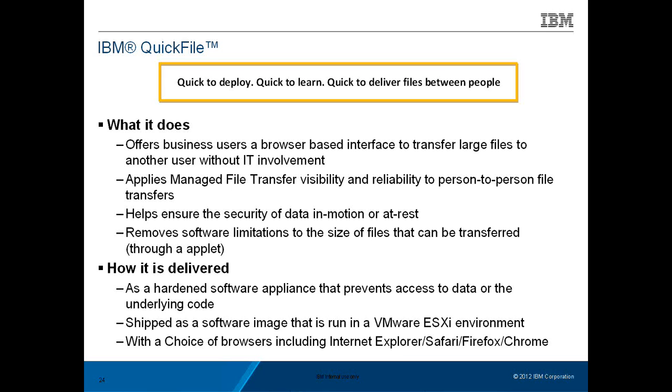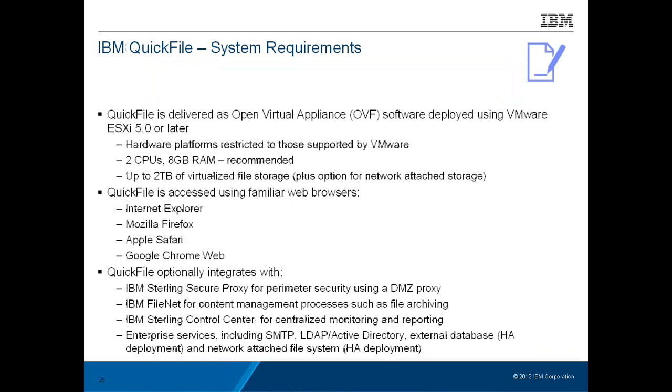How does it deliver? It's delivered as a software appliance, shipped as a software image that runs in a VMware ESXi environment, and users can choose any kind of browser to access this particular appliance. All you need is this for running QuickFile. It's fairly simple.